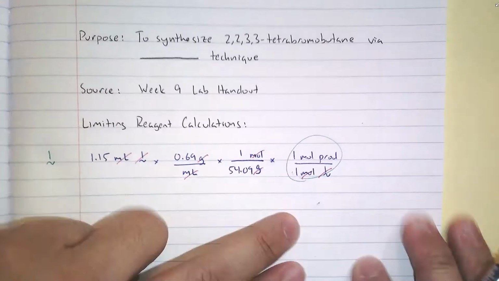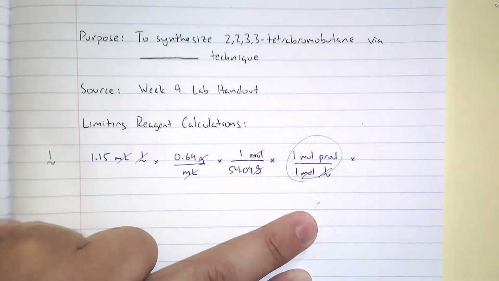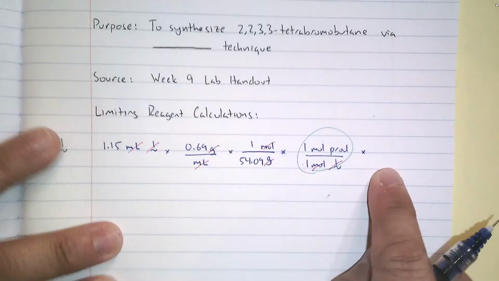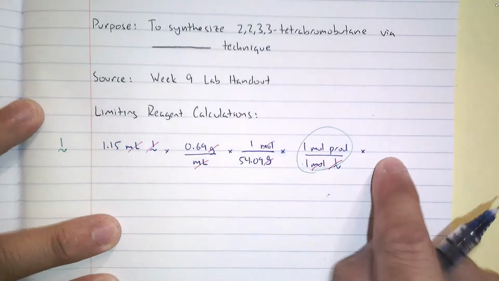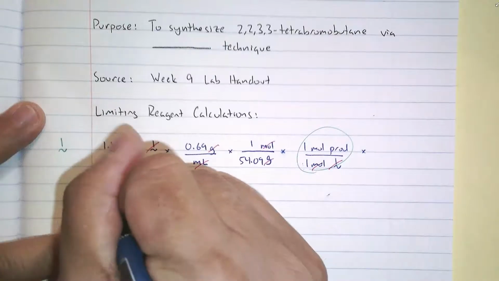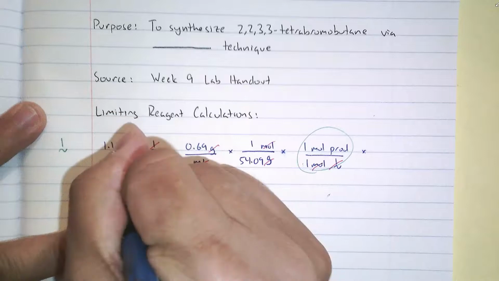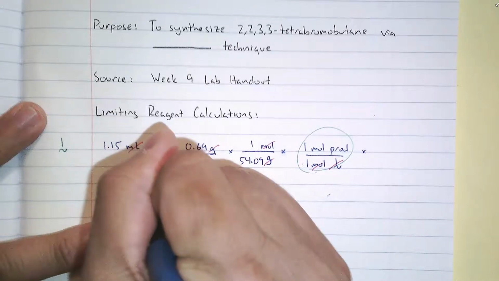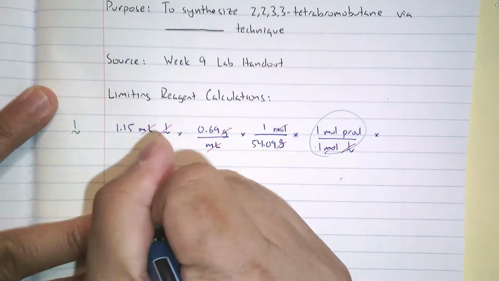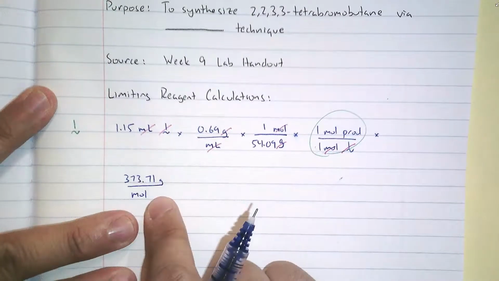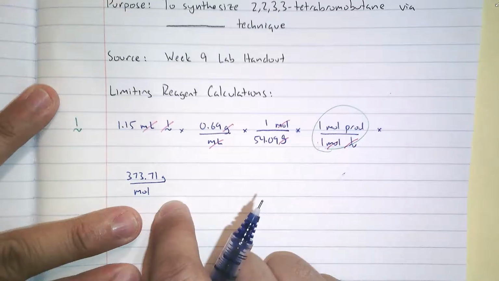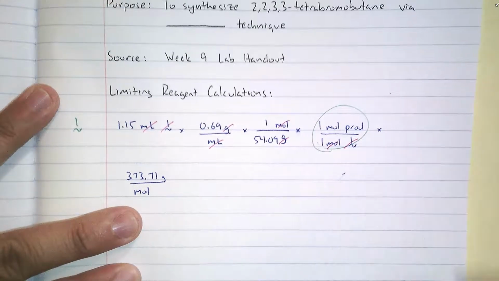So times, and so we're going to take the molecular weight. And if you run out of space, which I think I am, just start a new line, and I or your grader should be able to follow. So it's grams per mole. We don't have to put grams of product per mole of product because we have the product already here.